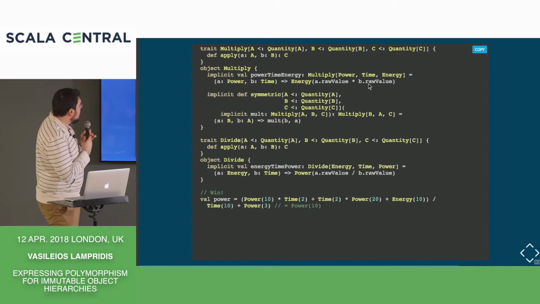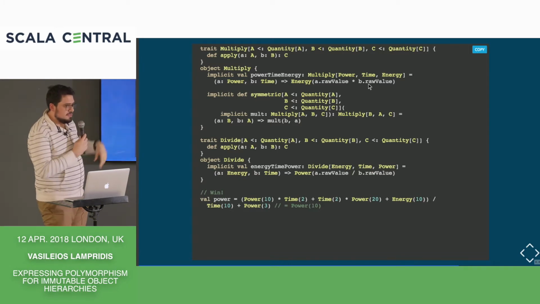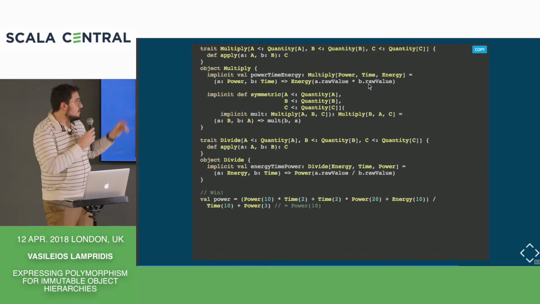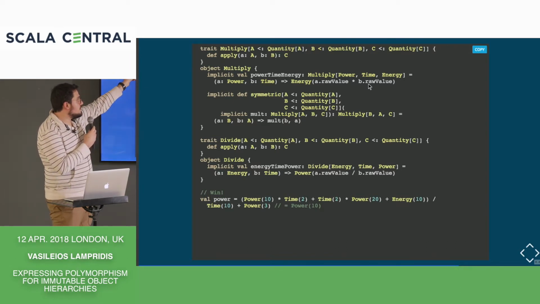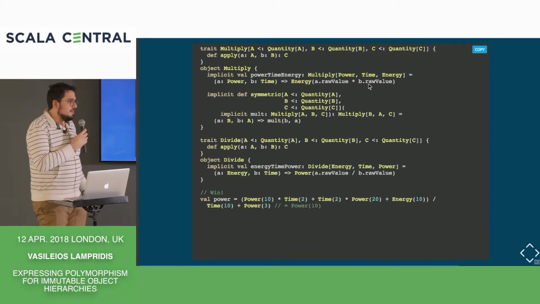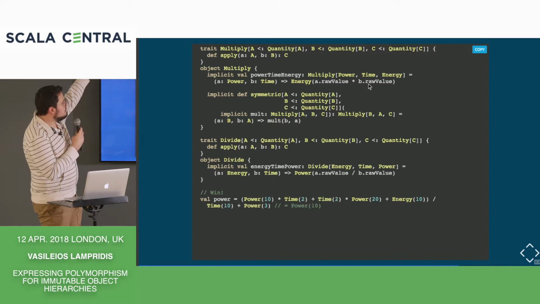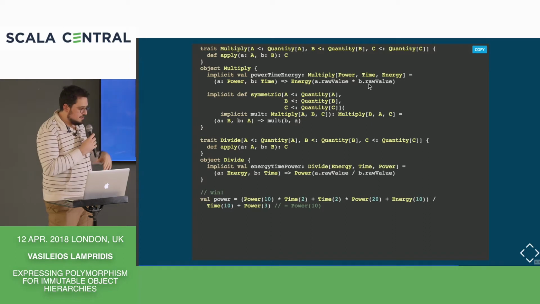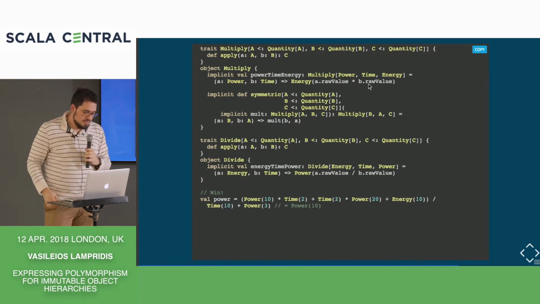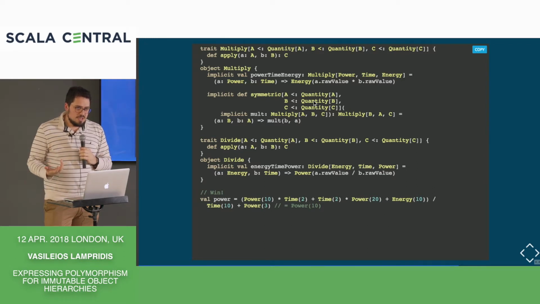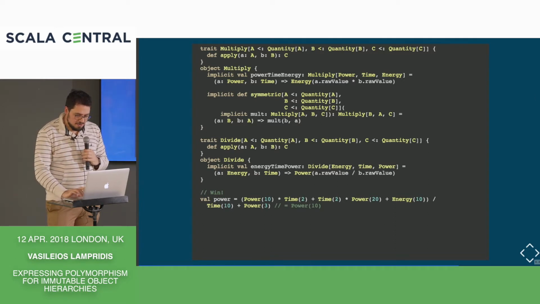And if you wonder what the syntax is, using the single abstract method, you can just define a function and Scala understands it as an implicit of that single function, a trait of that single function, or class of that single function. And you can see that we can even do some interesting things to reduce the explicit definition. Given that we know that multiplication is symmetric, we can define the symmetric class for every such definition.